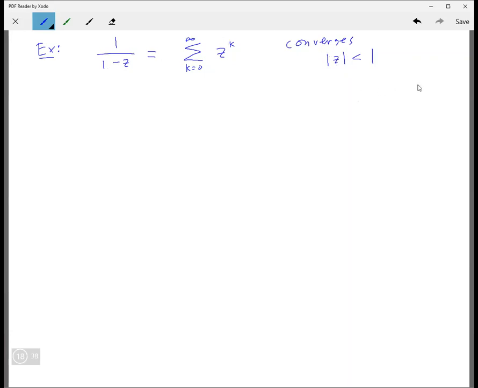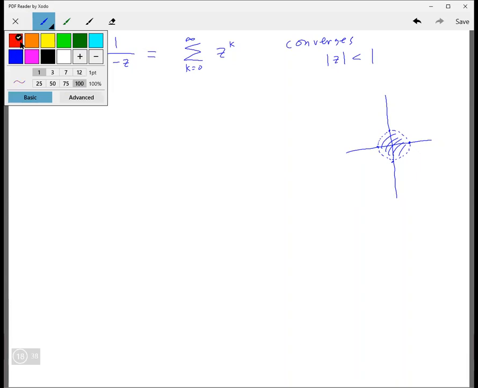Okay, now let me draw a picture of this historic event. So here we have 1. This one converges in here. So here's the thing.